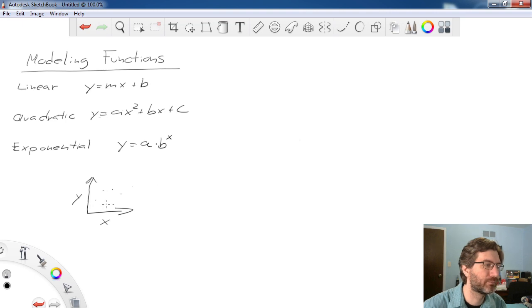You then want to look at that data and see which type of function is modeled best by it, and then find out what the equation for that data is so you can then make predictions based off of that data, and apply it to other scenarios.